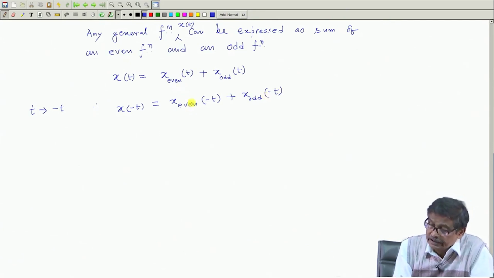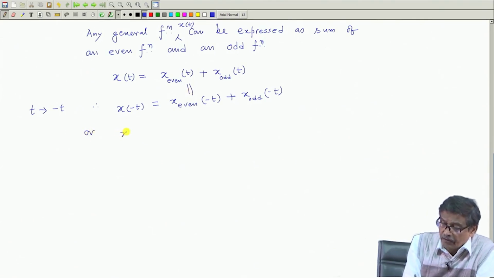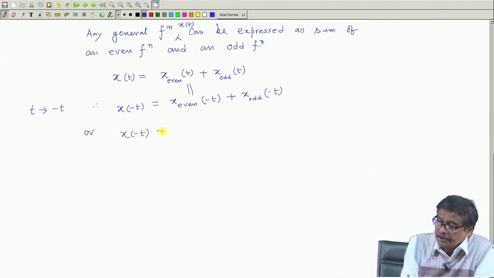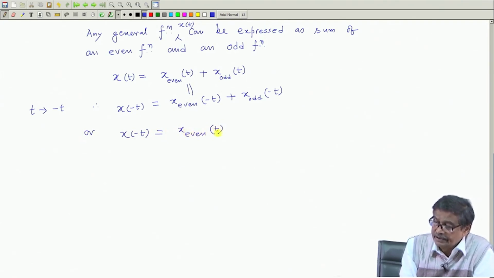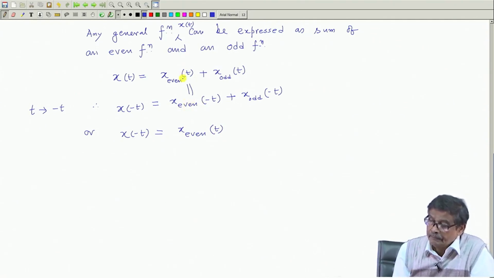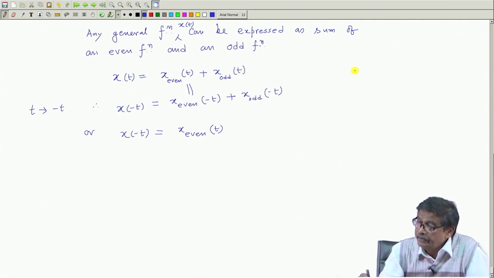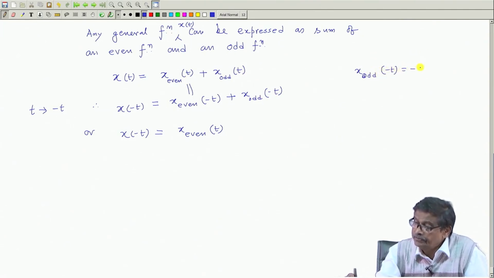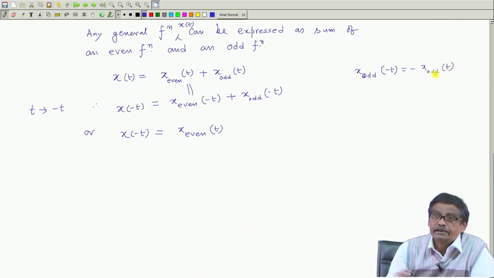But since this part has to be even, these two must be equal, so x even(-t) will be equal to x even(t). And since this part is odd, x odd(-t) will be equal to minus x odd(t). It has to be, that is by definition.